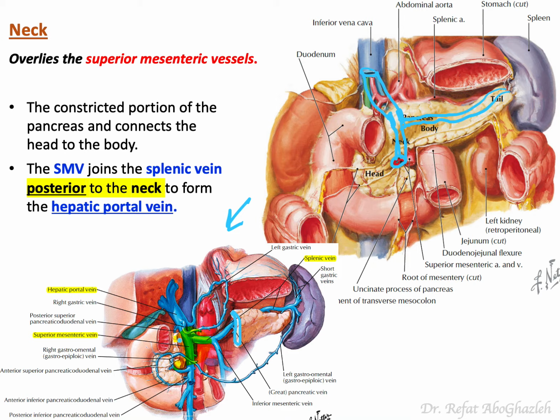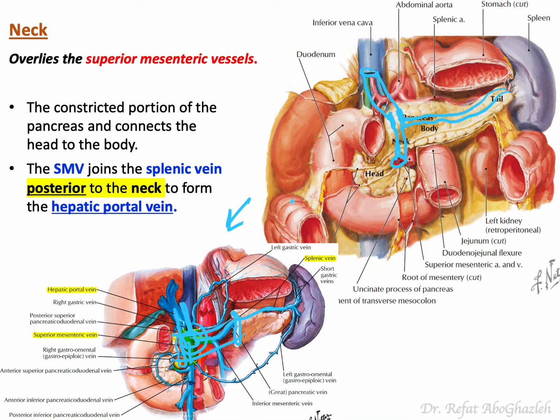We cut it from here and from here, in order to show you the splenic vein, guys, that united with the superior mesenteric vein behind the neck of the pancreas to form the portal vein. So the portal vein is formed behind the neck of the pancreas.